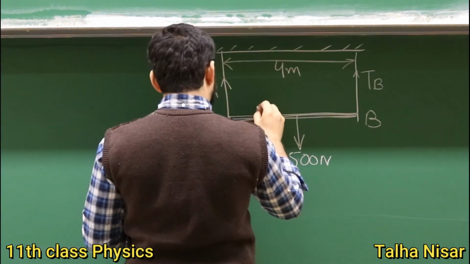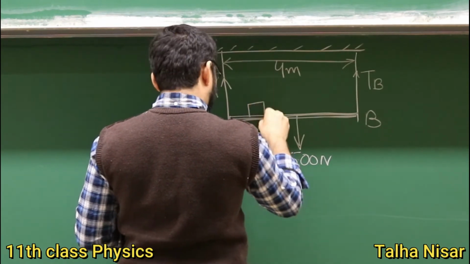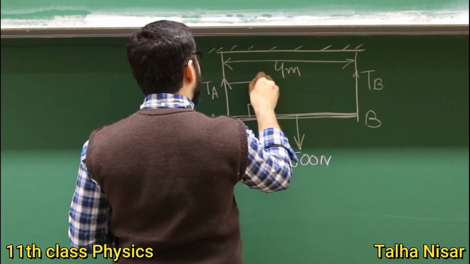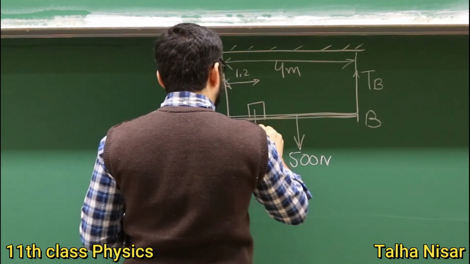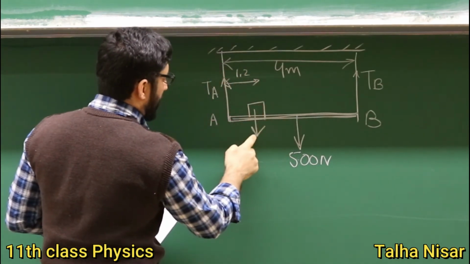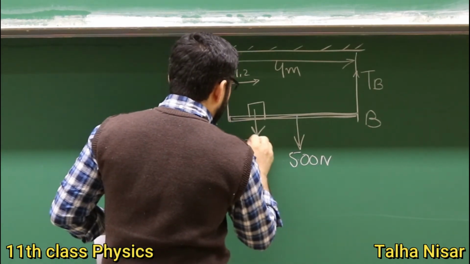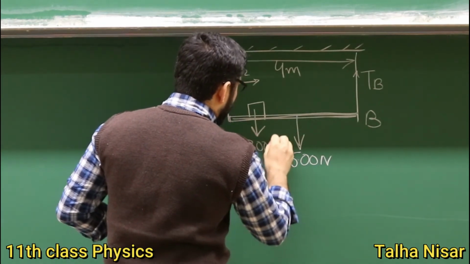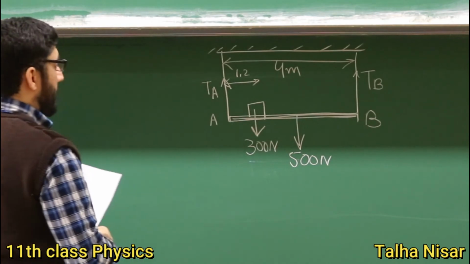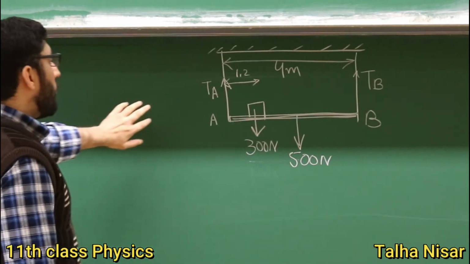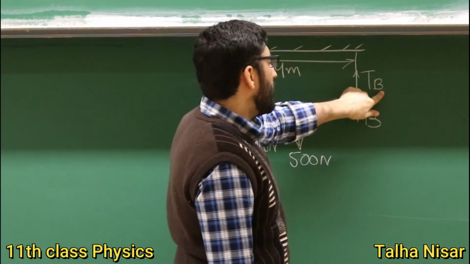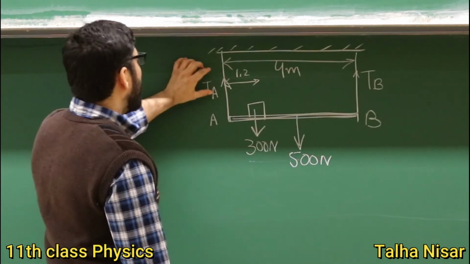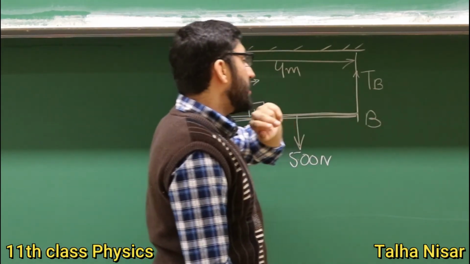And at the distance of 1.2 here, we have another mass, and its weight is 300 newtons. Right now, we want to know what is the value of TA and what is the value of TB, the tension in this string and the tension in this string.